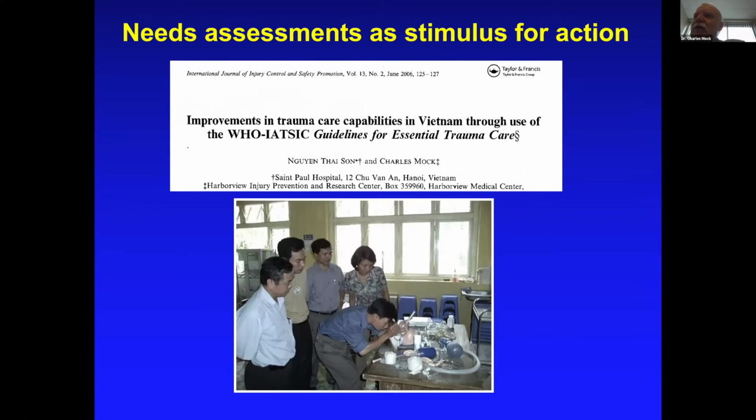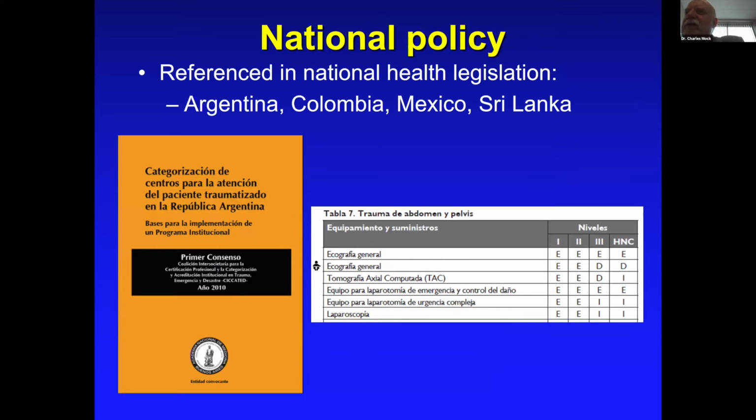In some cases, those needs assessments have served as stimulus for action with documented improvements thereafter. They're increasingly being utilized in national health legislation related to both pre-hospital care and hospital-based trauma care standards.